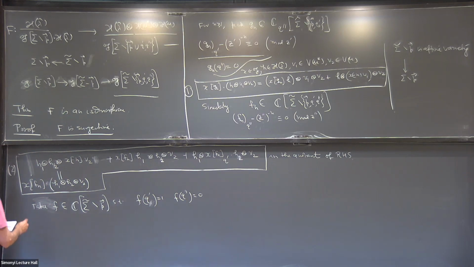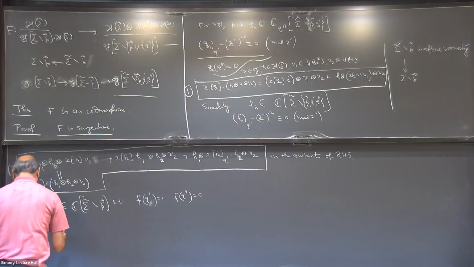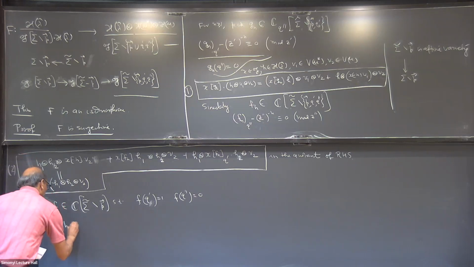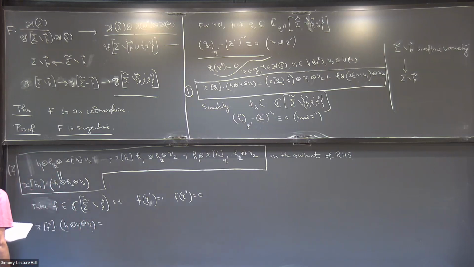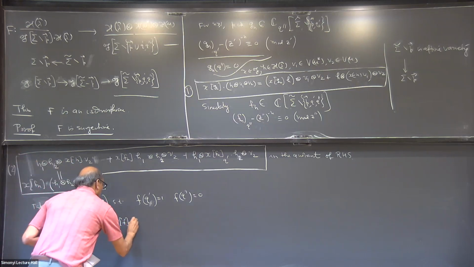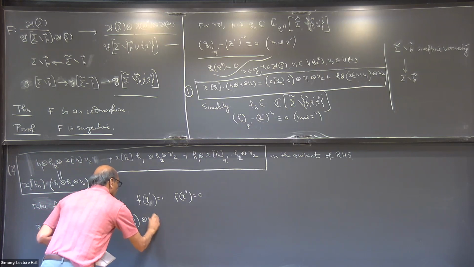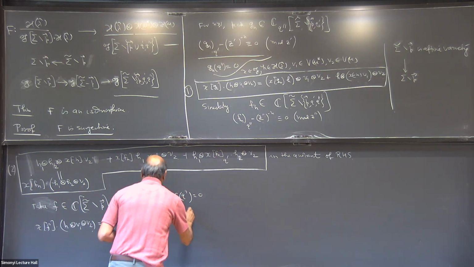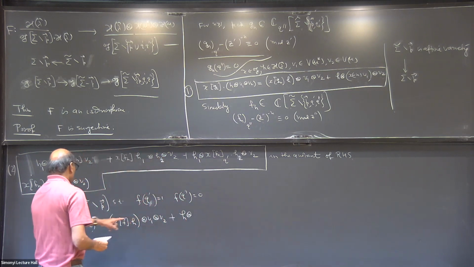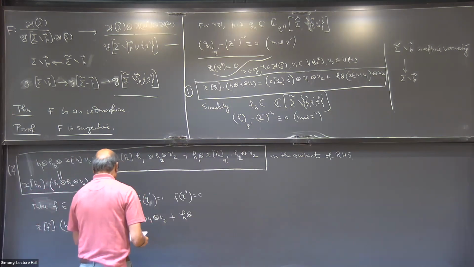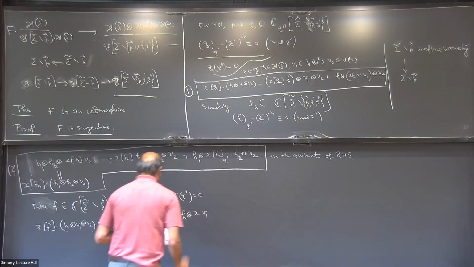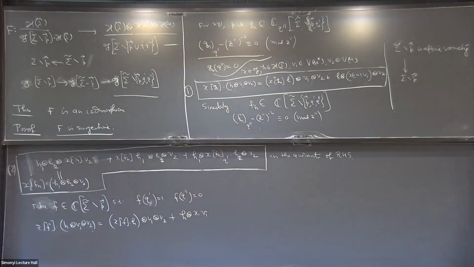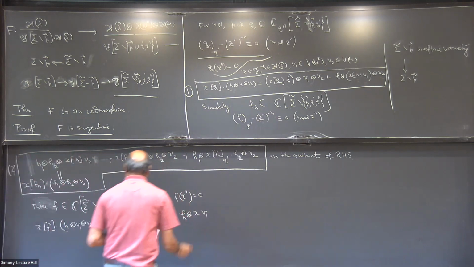Okay, so again, let's calculate. So this function X of F acting on H tensor V1 tensor V2 will be X of F acting on H tensor V1 tensor V2 plus X of H tensor, right, so it will be X acting on V1, and that's it.